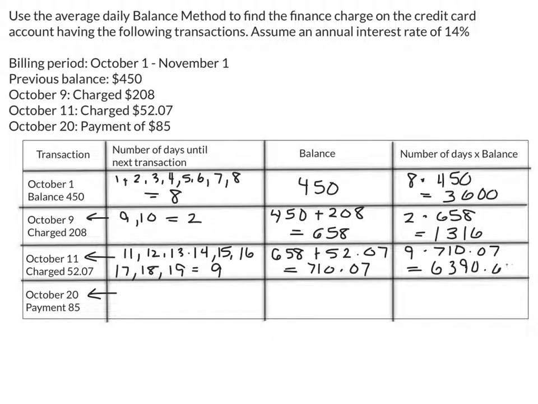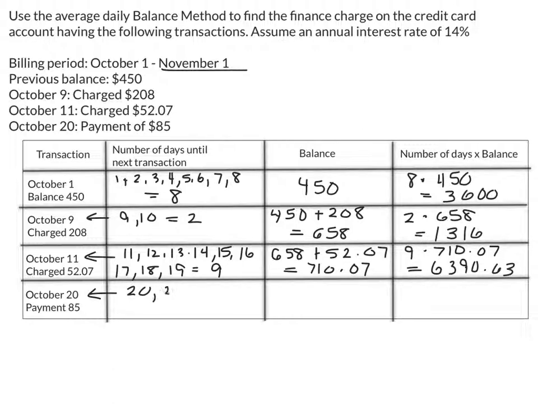We get a value of $6,390.63. Our last transaction was on October 20th. But if you look at the top, our billing cycle is from the 1st to November 1st. So we don't count November 1st, but we do count the day before. So I count until I reach October 31st, since there are 31 days in October.